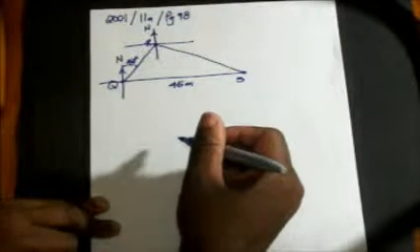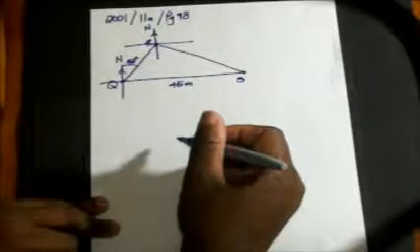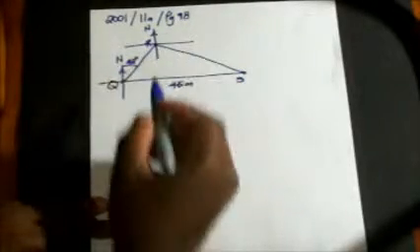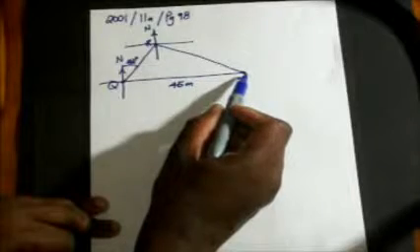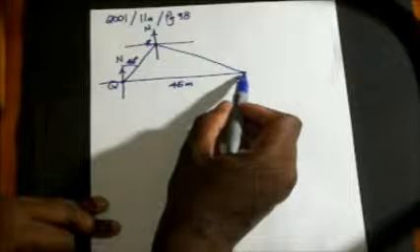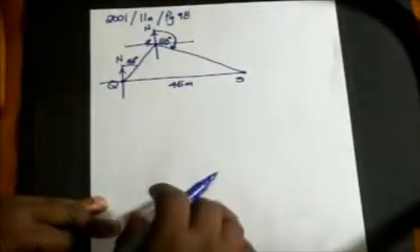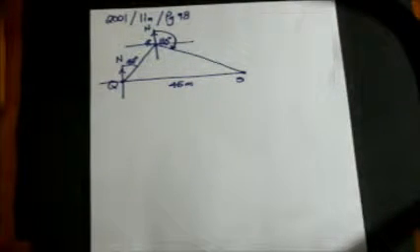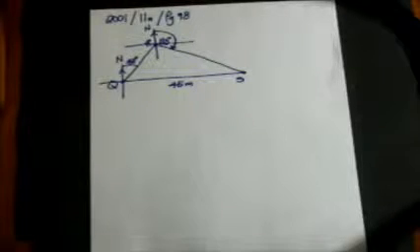Bearing is the angle between the north-south line and the line connecting the 2 points, and bearing is measured clockwise from north. It means that this entire angle here is equal to 110 degrees. We're asked to draw a diagram to show this information, indicating clearly the bearings and distances given. I think that we have done that.